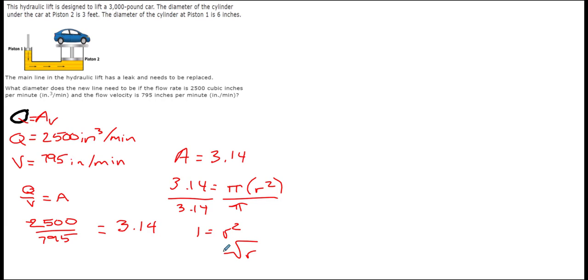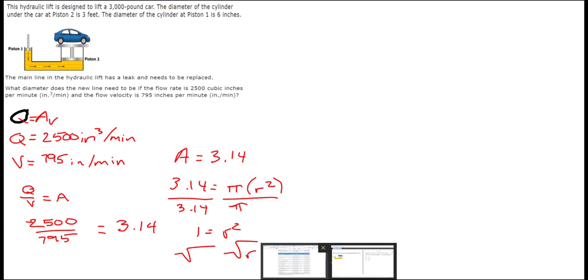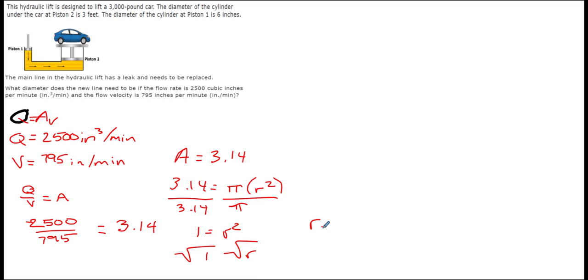Take the square root of that, take the square root of that. And we find that the radius is equal to 1, but it's asking us what the diameter of the line is. The diameter is 2.